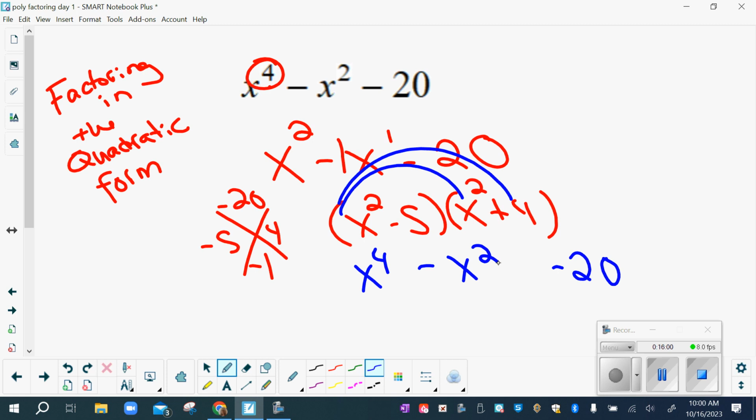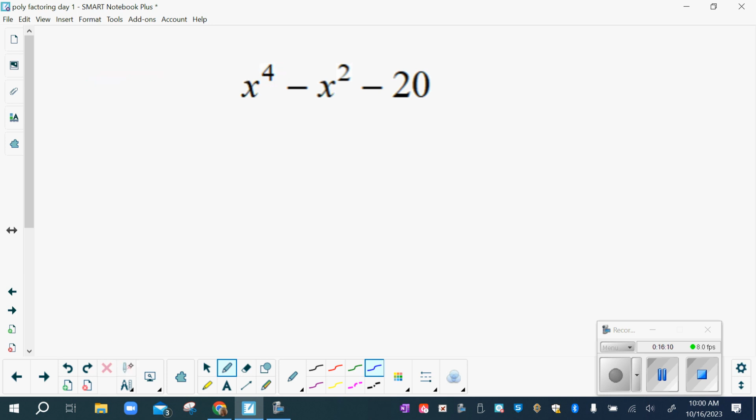So here's what you need to take away from this. You can use this cool trick if 3 things happen. You ready to see the 3 things? First thing, that number needs to be an even number so I can split it up. If it's 8, it'll be 4 and 4. If it's 10, it'll be 5 and 5.